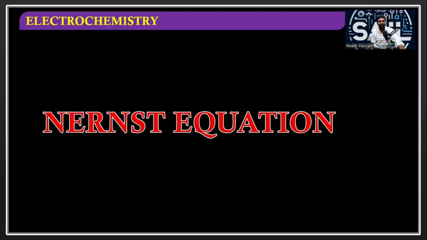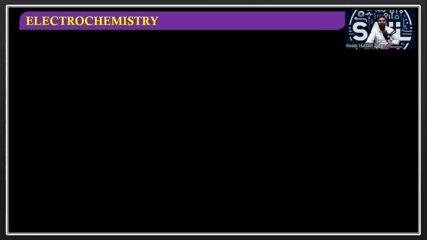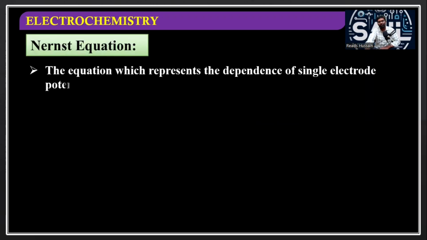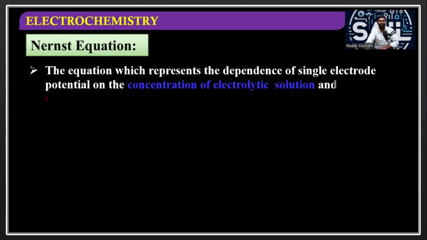Now let's come to our main topic, the Nernst equation. What is the Nernst equation? This is the definition; if you want, you can note it down. The equation which represents the dependence of single electrode potential on the concentration of electrolytic solution and temperature is called the Nernst equation.